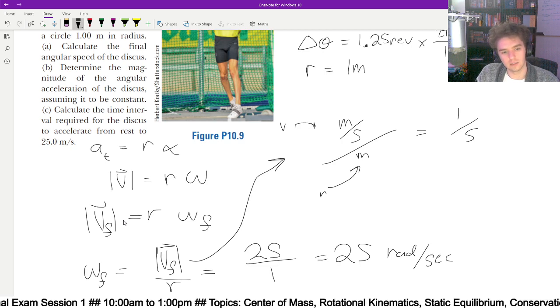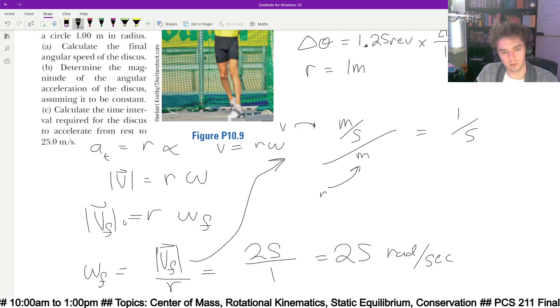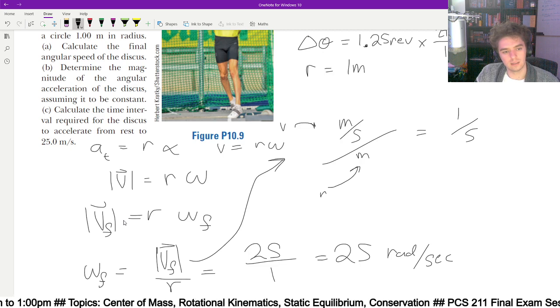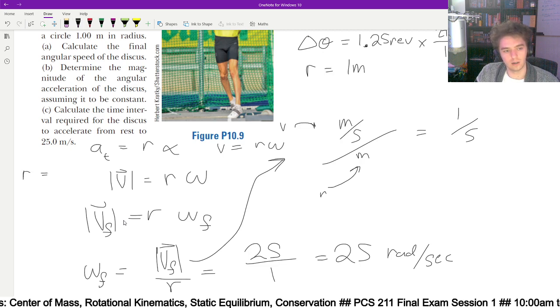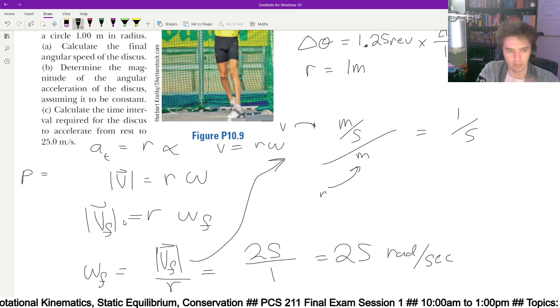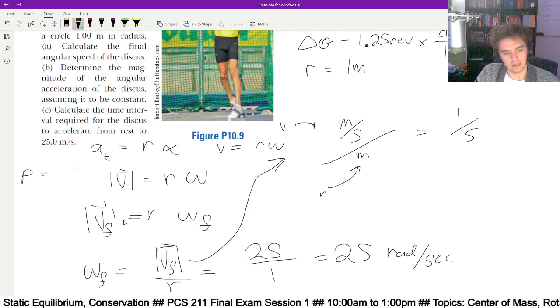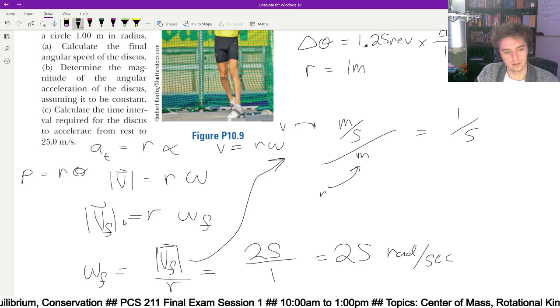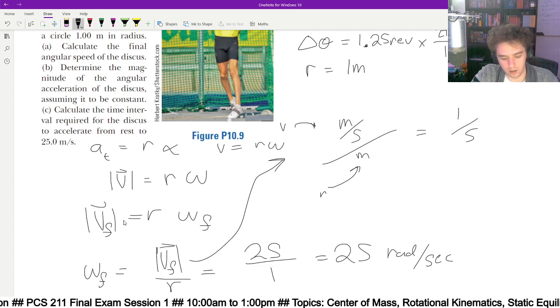If I know the linear velocity and I want the omega, I multiply by r. Similar to position, if I know the position relative to the whole system and I want the theta, I just multiply by r. So all those things are tied together by a factor of r.